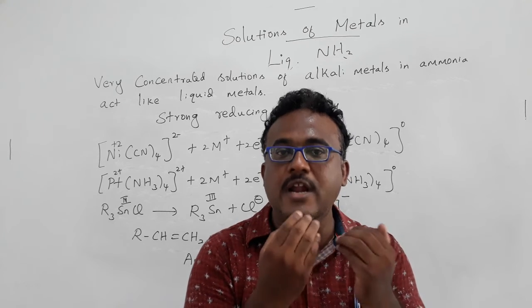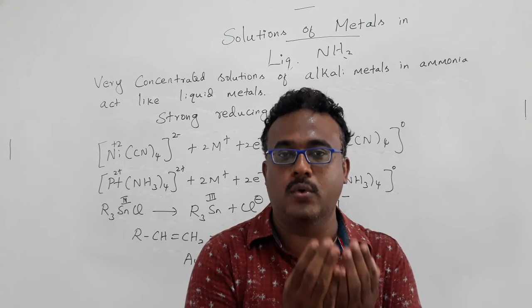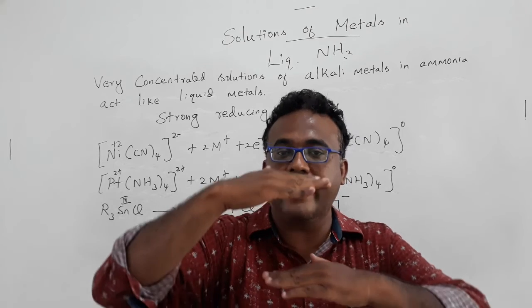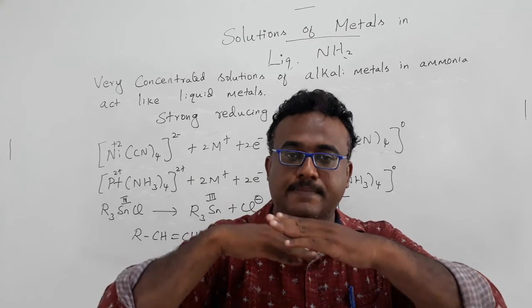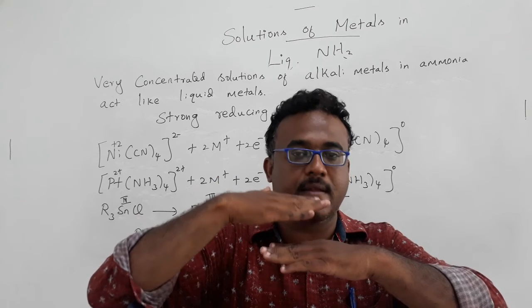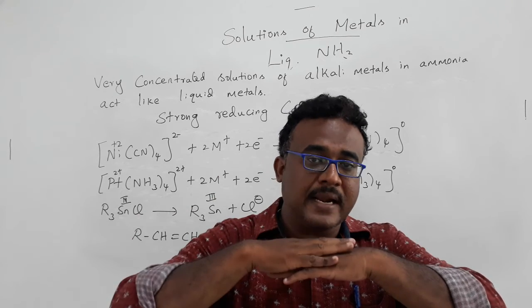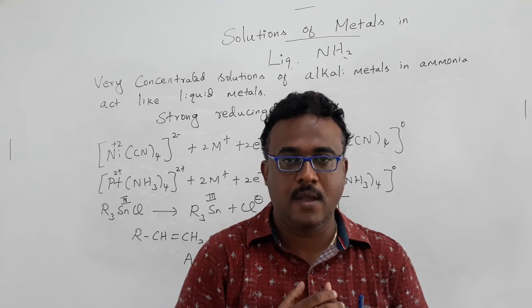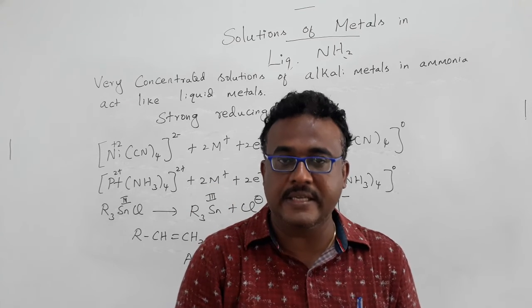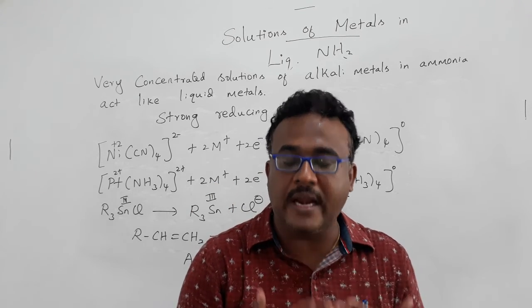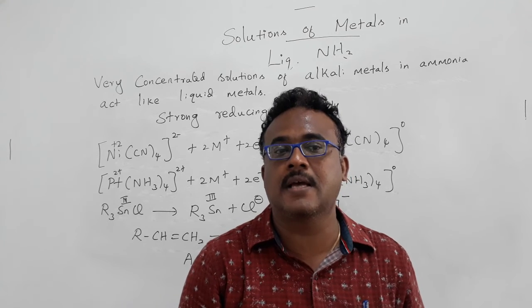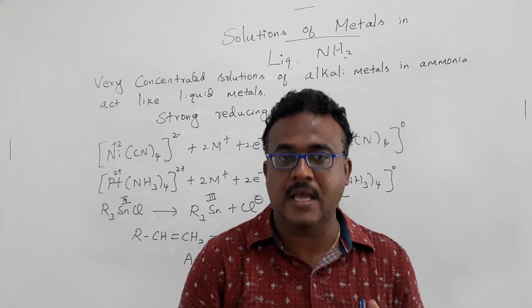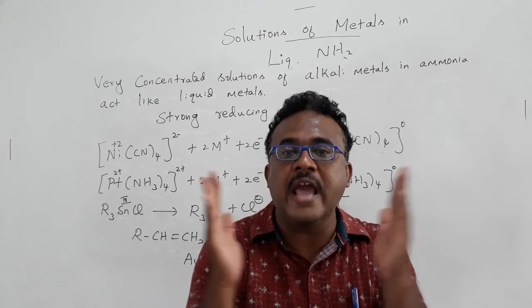And further addition of metals to the blue color solution causes two different phases to come out. One is the blue color phase, another one is the bronze color phase. This bronze color phase has different characteristic features. It has low density and low electrical conductivity, and the paramagnetism decreases because of the formation of ion pairs.